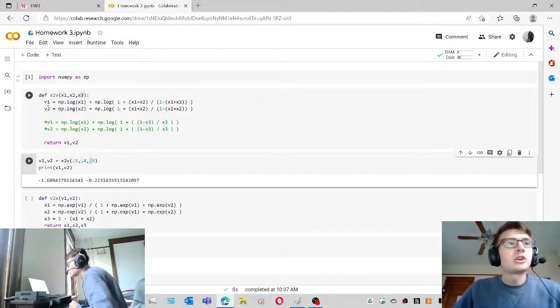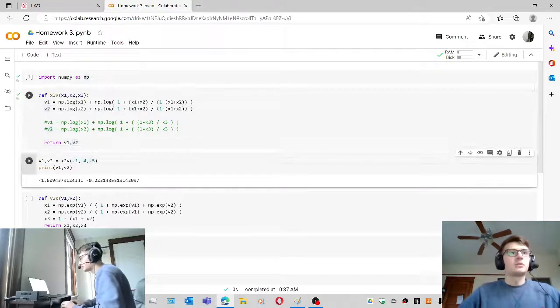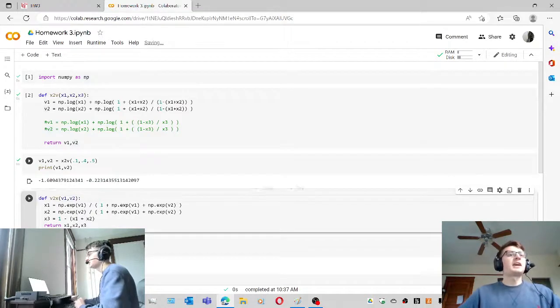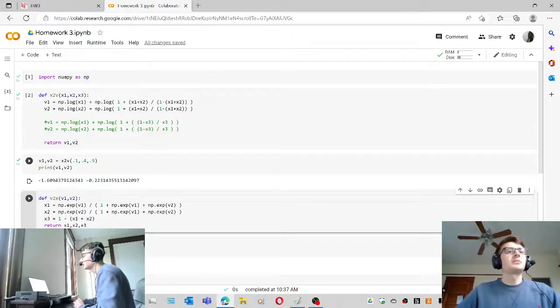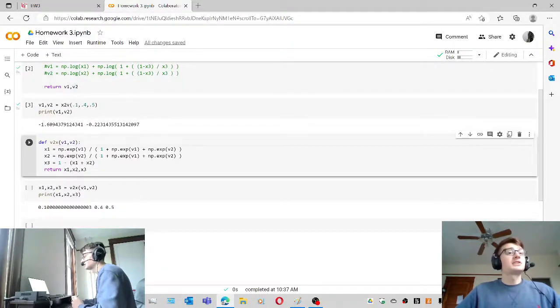And it's going to return v1, which is just what I just solved for, and then v2, the equivalent of what I solved for v2. I'll run that, and we'll see that it's telling me that v1 and v2 are going to be negative 1.6 and negative 0.22. So that seems like it could be correct.